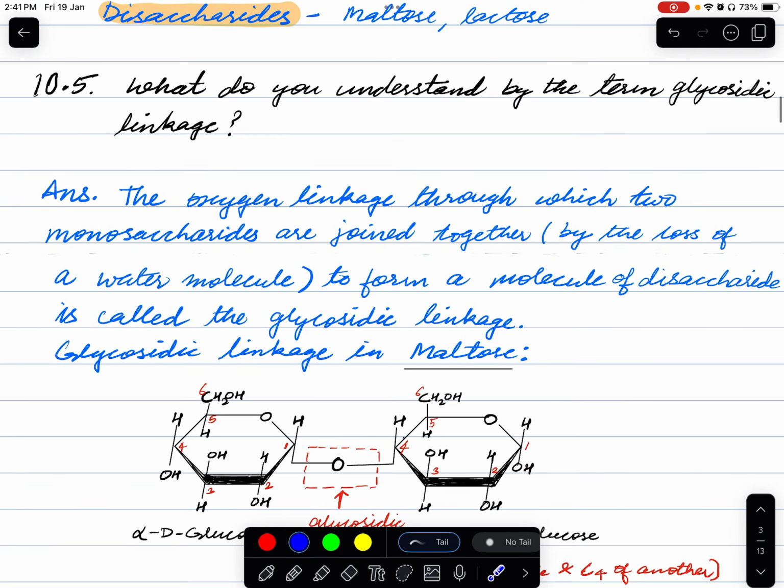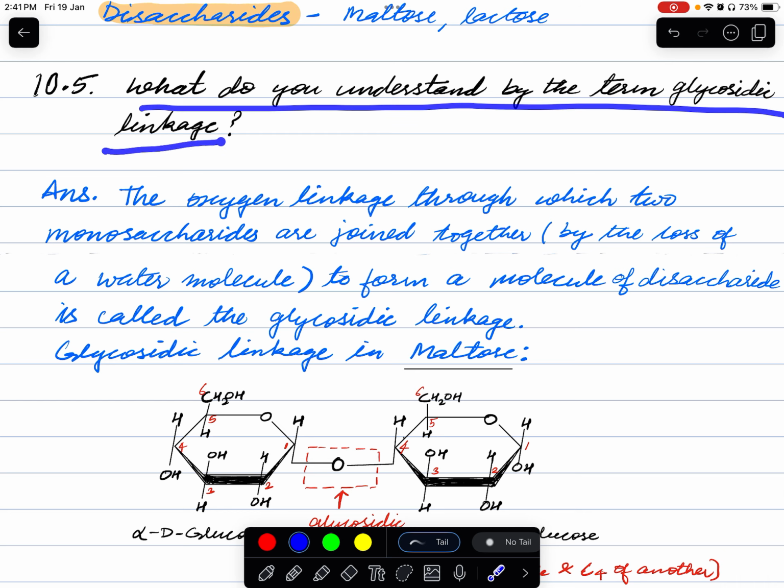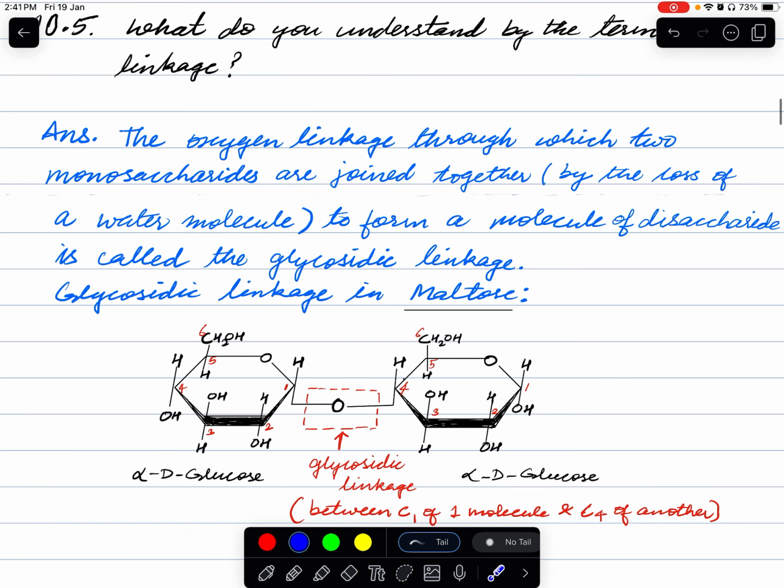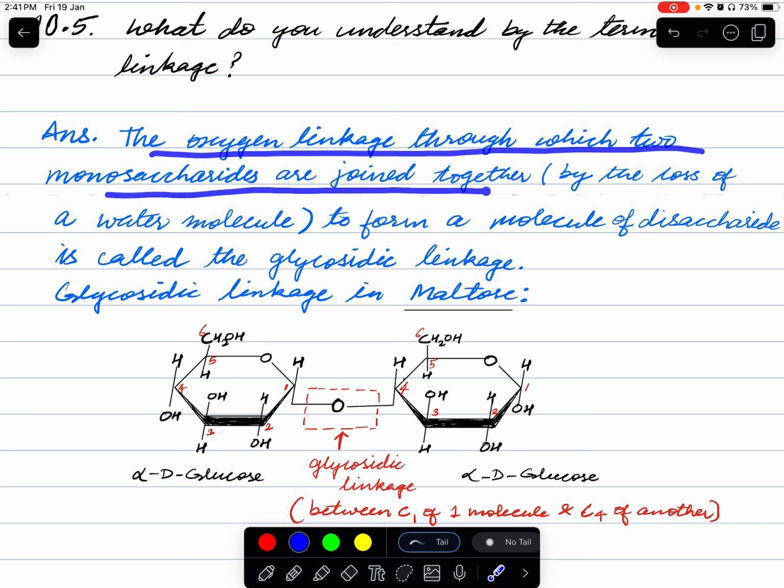Next question is, what do you understand by the term glycosidic linkage? Okay, so what exactly is glycosidic linkage? The oxygen linkage through which two monosaccharides are joined together to form a molecule of disaccharide is called glycosidic linkage.